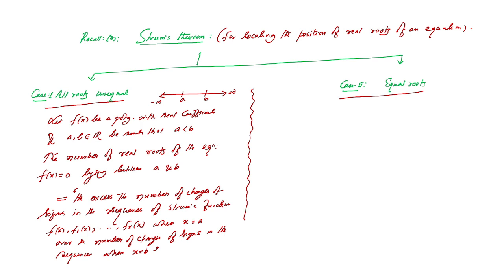So this is basically the number of real roots of the equation lying between a and b, and this is called the Sturm theorem when all roots are unequal.